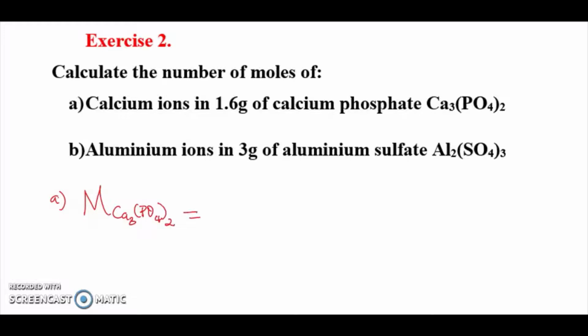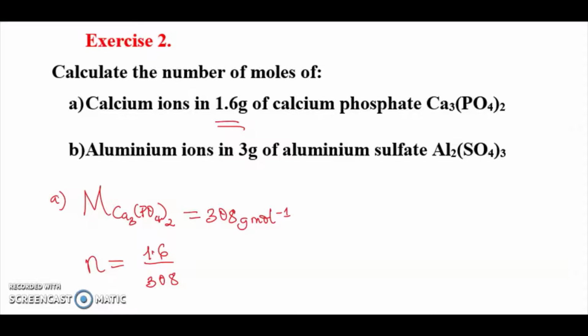So if you calculate the molar mass of calcium phosphate, you will have 308 gram per mole. We were given the mass in the question, that is 1.6. Now we know that number of mole is equal to the given mass 1.6 divided by the molar mass 308.